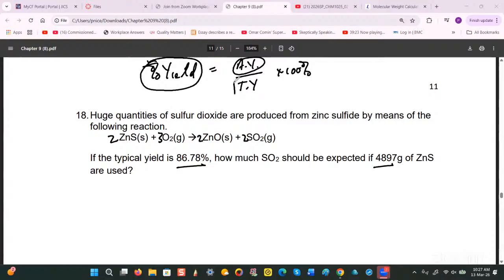So we need to find the theoretical yield first. And the way we do that is we start off with the 4,897 grams of the zinc sulfide, and we have to convert that to moles. So 1 mole of zinc sulfide will go up top, and then the molar mass, again, let me go to my calculator.